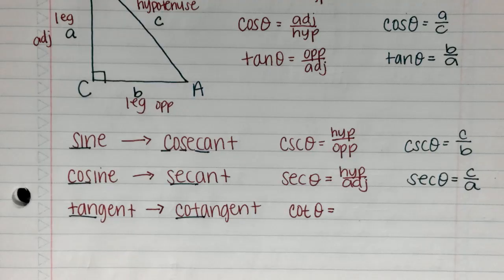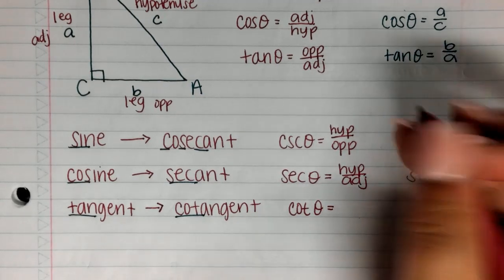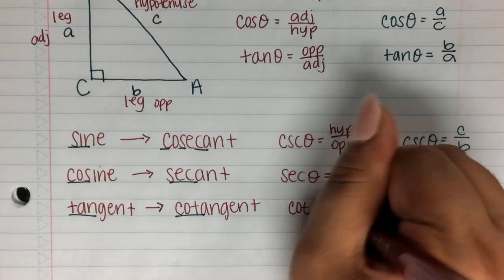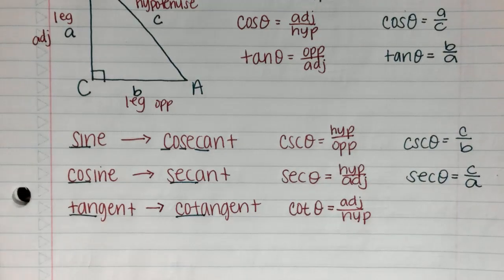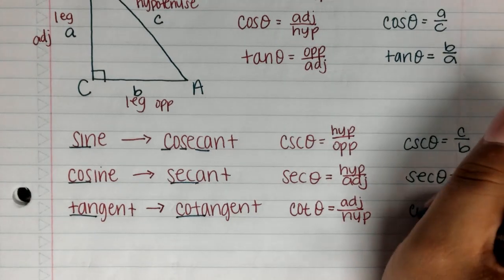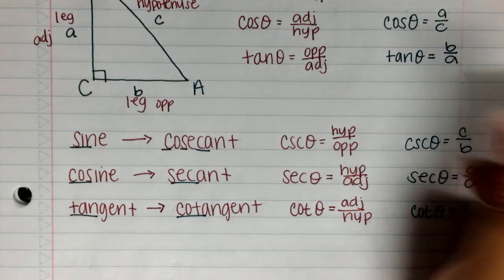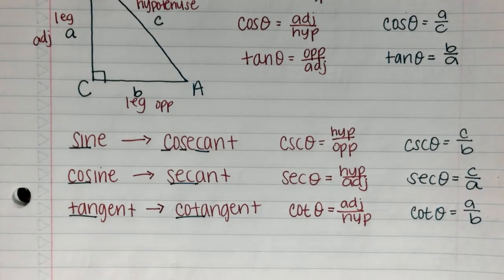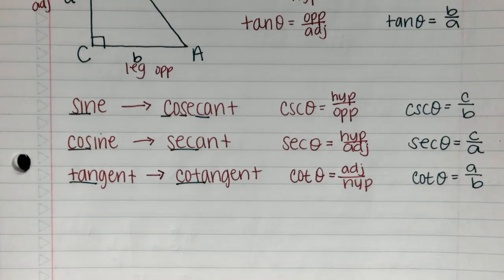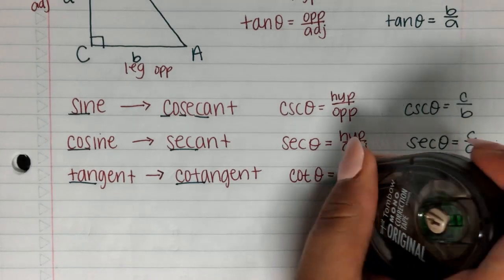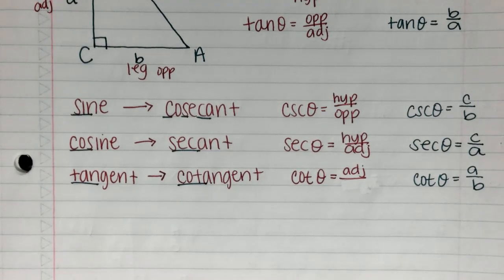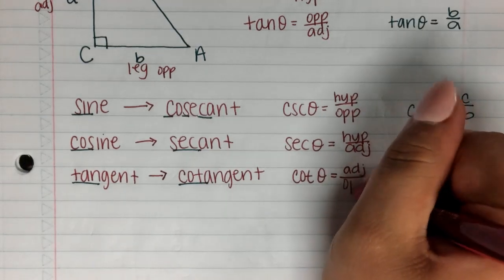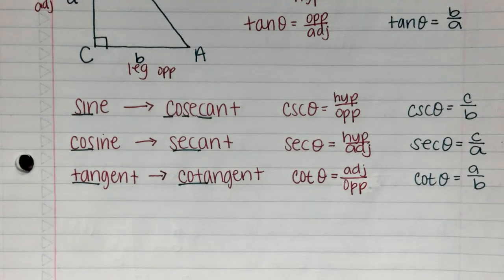And what is the reciprocal of tangent going to be? Adjacent over hypotenuse. Yeah, it is opposite. Just ignore me. I don't know. I thought I heard hypotenuse and just went with it. And those are our reciprocals.